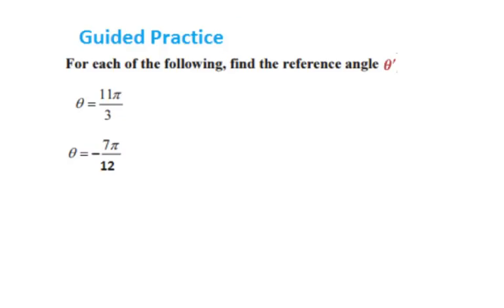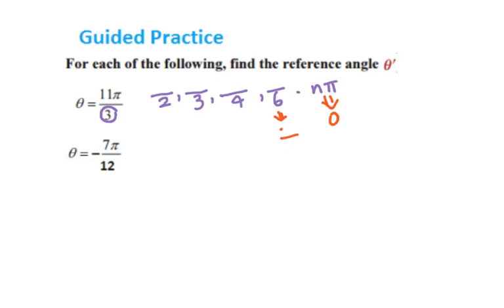For each of the following, find the reference angle theta prime. First of all, you need to look at the denominator. If the denominator is 2, 3, or 4, or 6, or you have integers like n pi, that means the reference angle, you will get 0 for n pi.